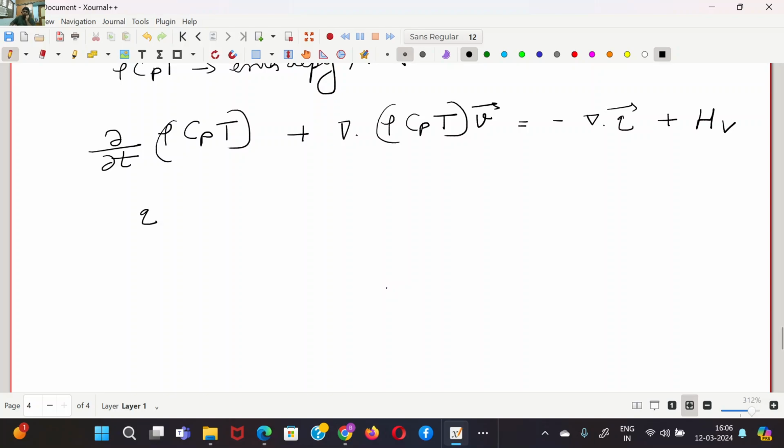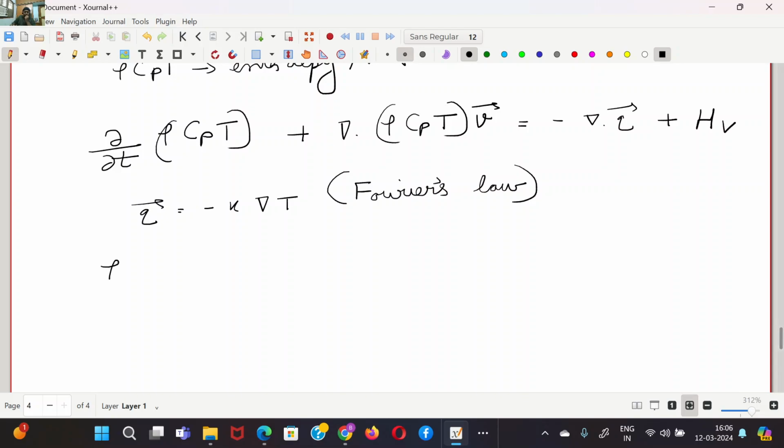From Fourier's law, we already know that q is equal to minus k del T. So you plug this q here, what do we get?